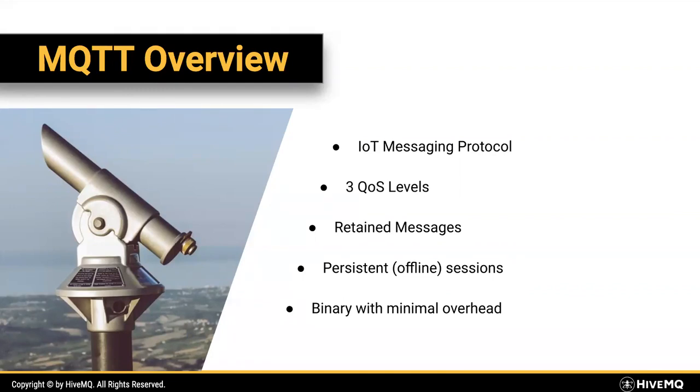In general, MQTT is used to move data from devices over the internet to backend applications and from the backend back to the devices. It really depends, of course. If you are in an industrial IoT use case, probably you don't have a cloud component, but you can also use MQTT. But in a nutshell, it's really designed for very lightweight data movement between devices, backends, and applications.